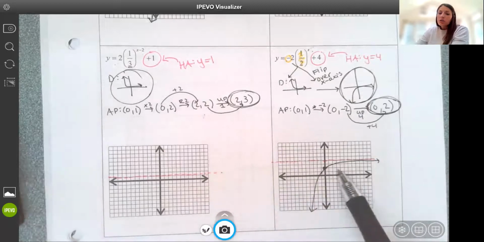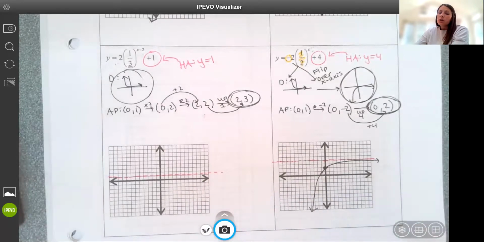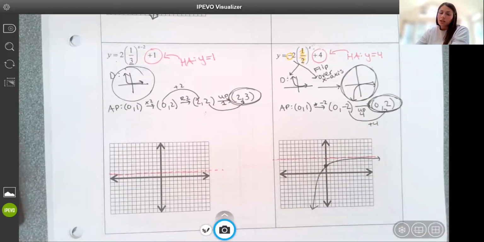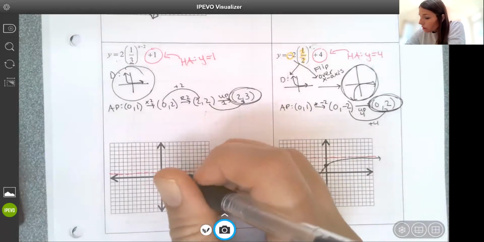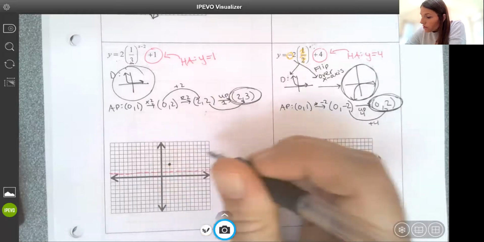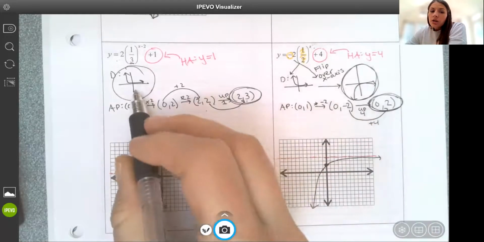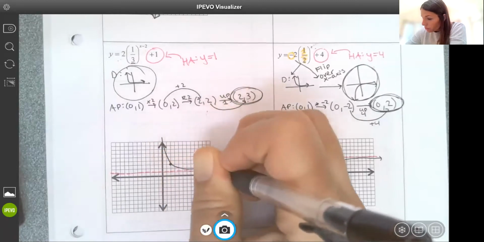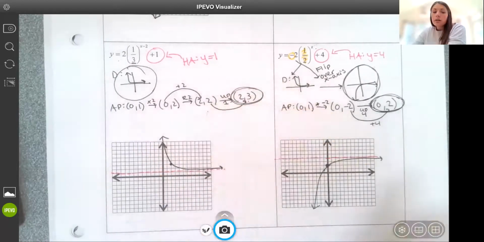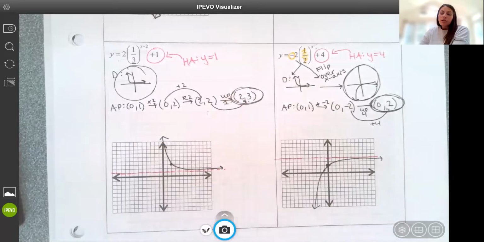Okay, and what's important is that we don't cross that line. If your graph goes across that asymptote, you're not understanding that concept of approaching but never crossing. So 2, 3, there's my new anchor point, right in this shape, approaching that line but not crossing it.